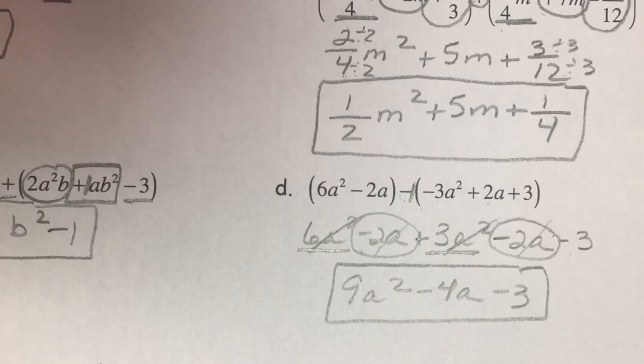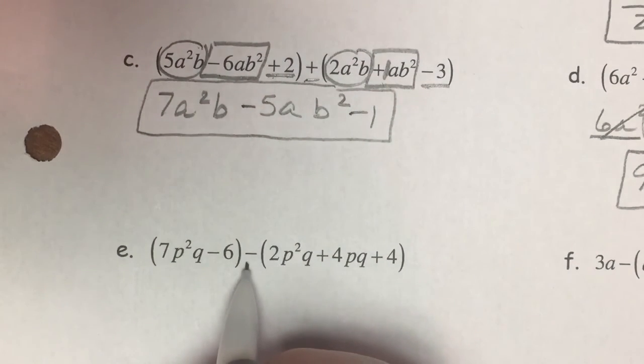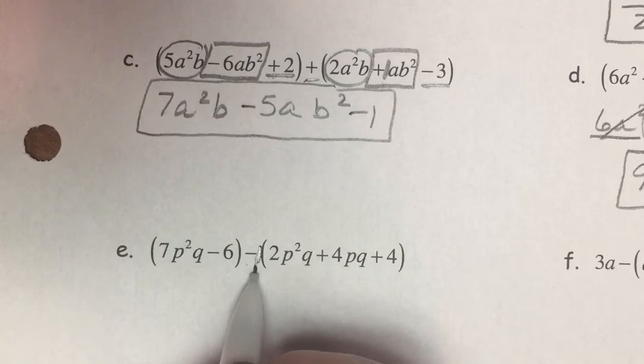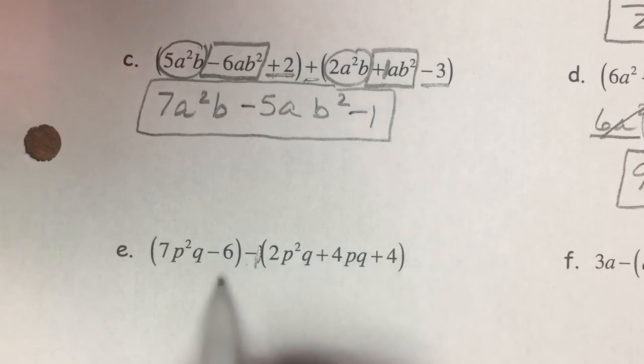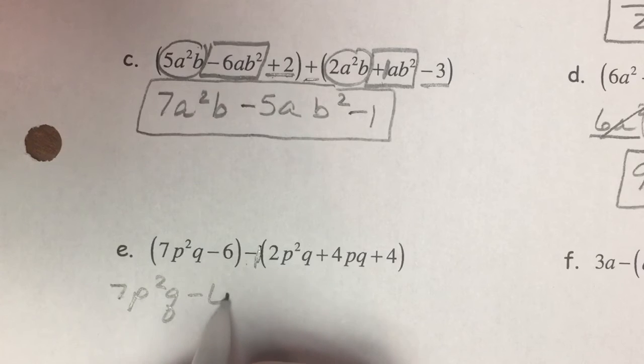So let's again use that idea of thinking of subtraction as just distributing through the negative 1, because there's really a negative 1 in front of these parentheses. So let's rewrite this expression by distributing through the negative 1. So we're going to have 7p squared q minus 6.